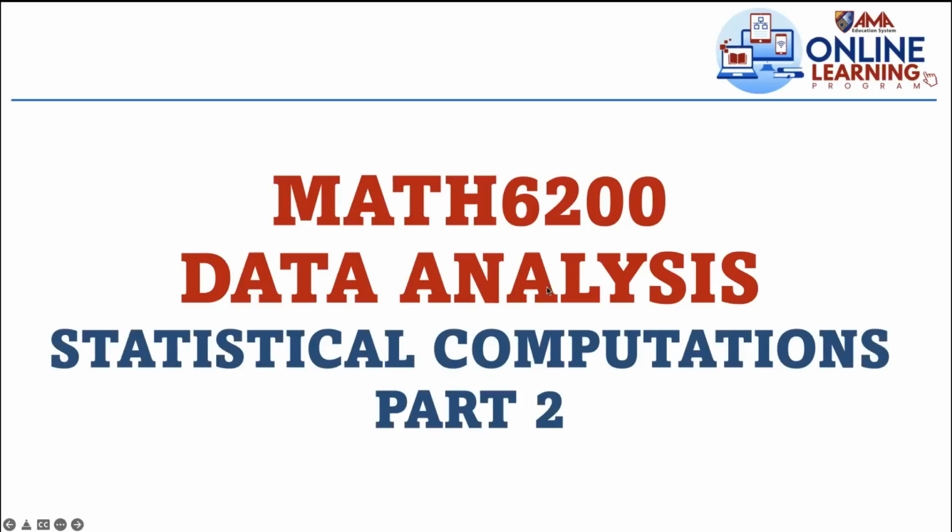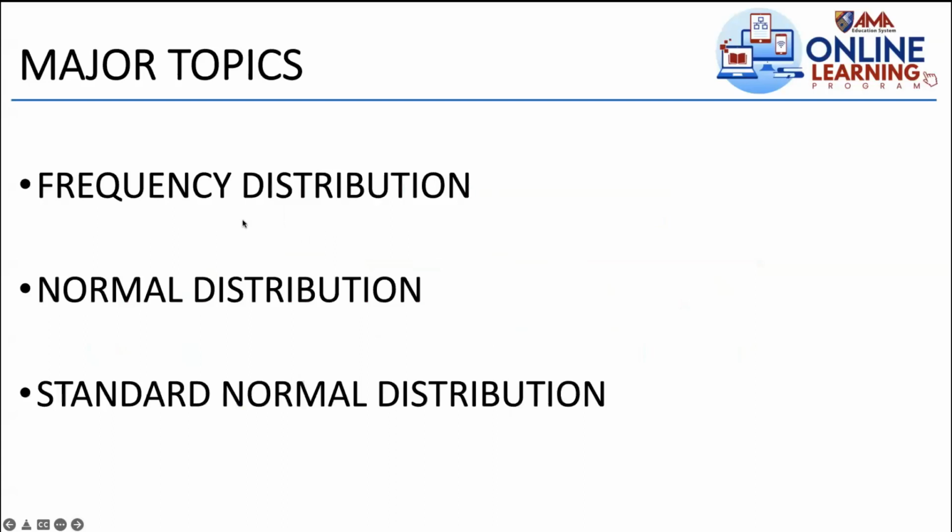So what are the major topics that we will tackle here? Just like in the last lesson, we have three major topics: frequency distribution, normal distribution, then standard normal distribution.